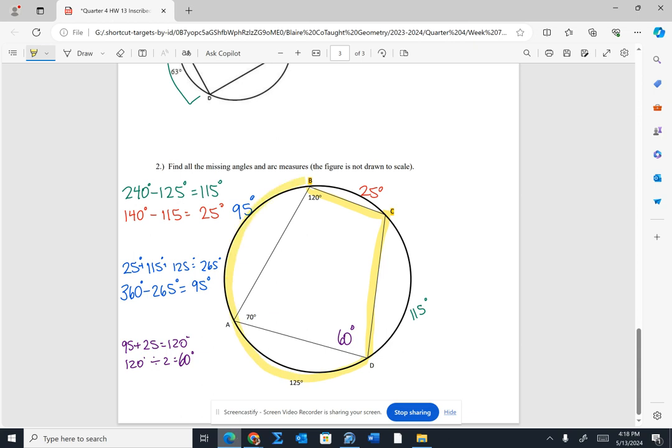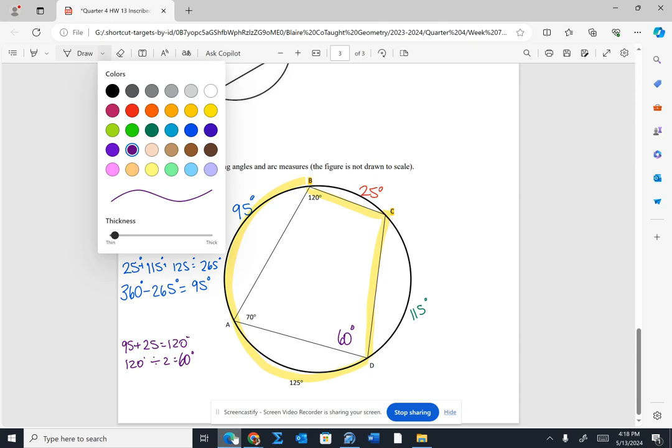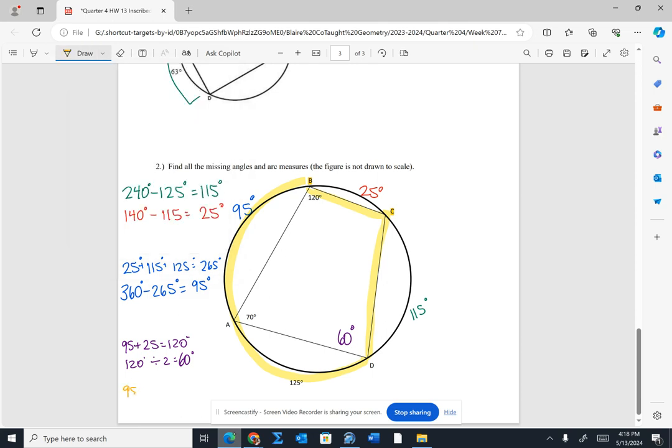I'm going to add up 95 and 125. 95 and 125 adds up to 220, and then cut that in half because it's an inscribed angle, and I get 110.